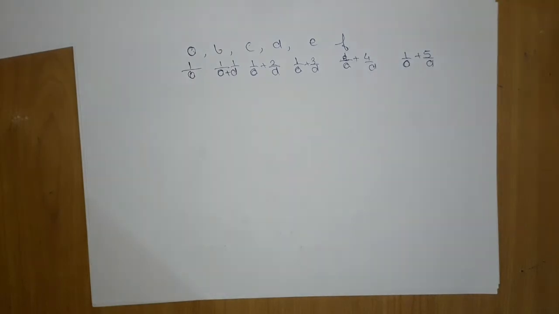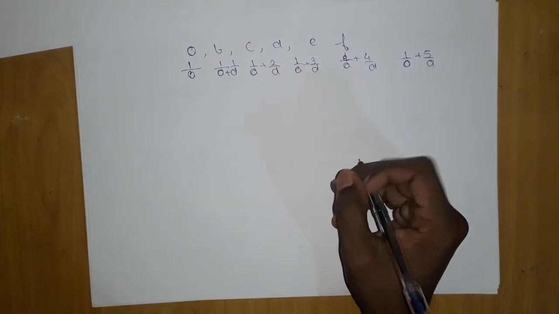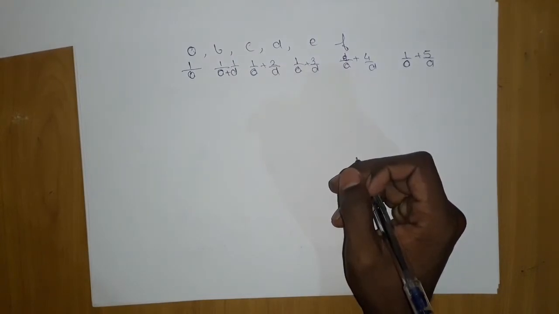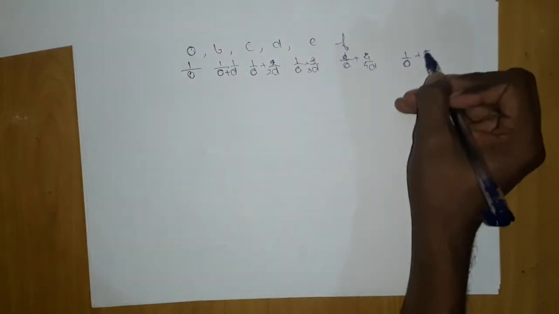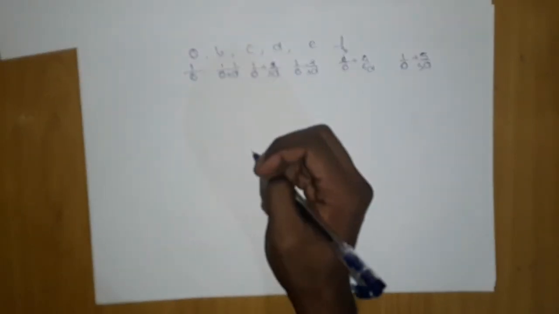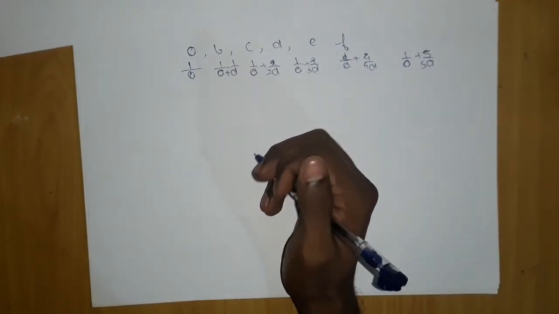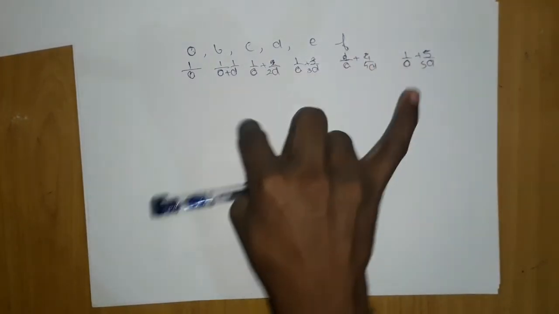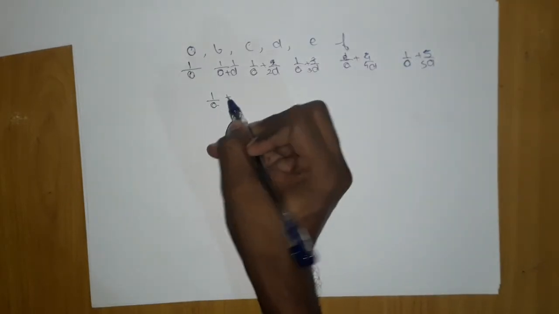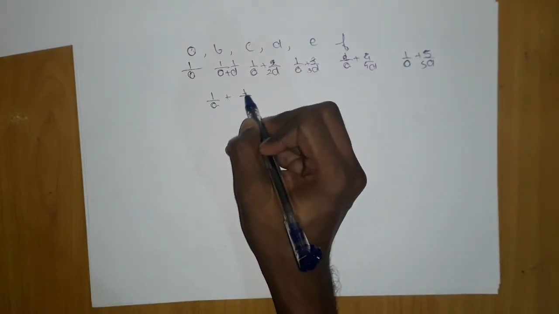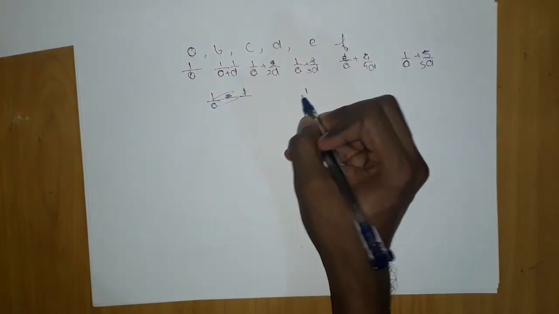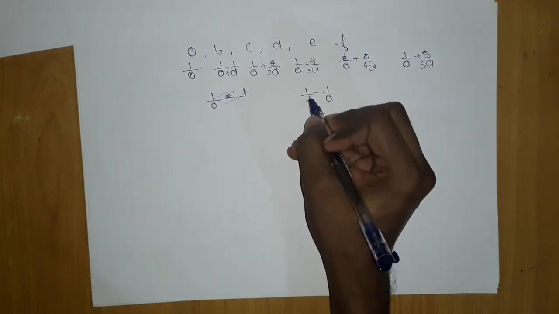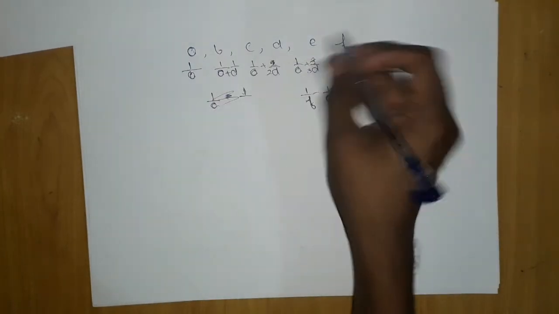Now if I want to take the difference of these two, 1 by F minus 1 by A, it is how many times D?